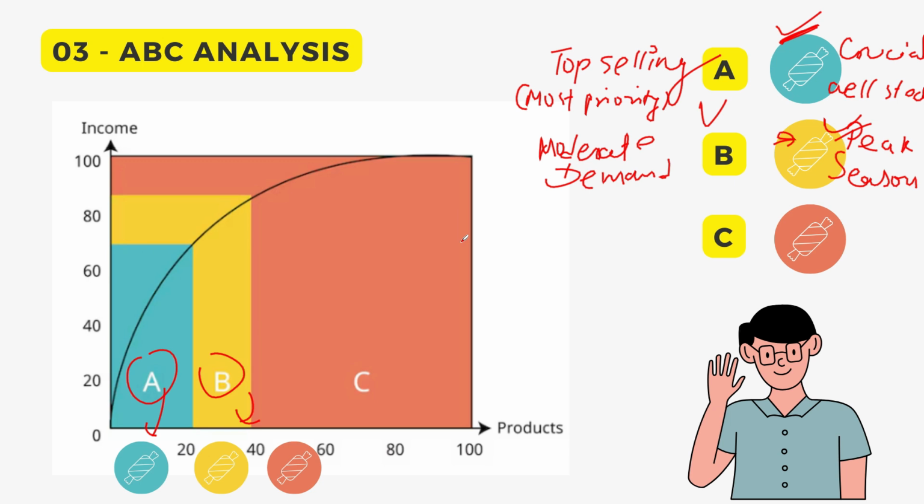And finally, category C. This category of toffees has minimal impact on his income. See, only let's say 5 to 10% only here.